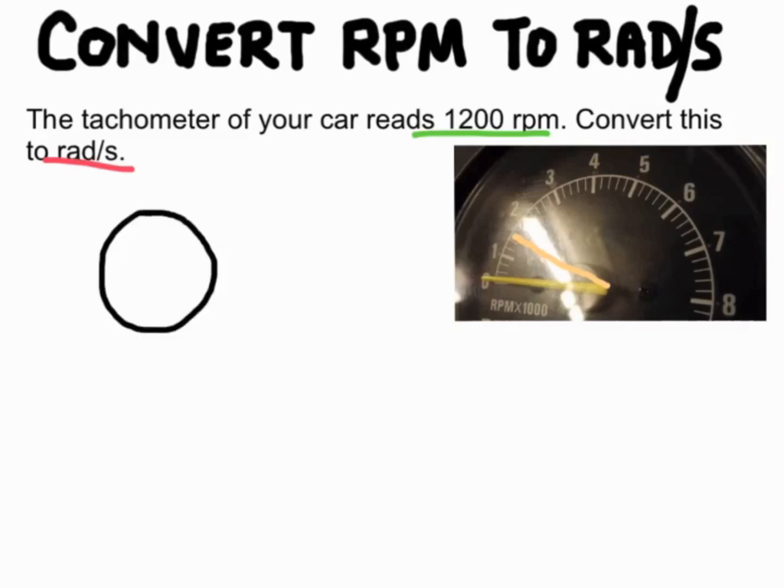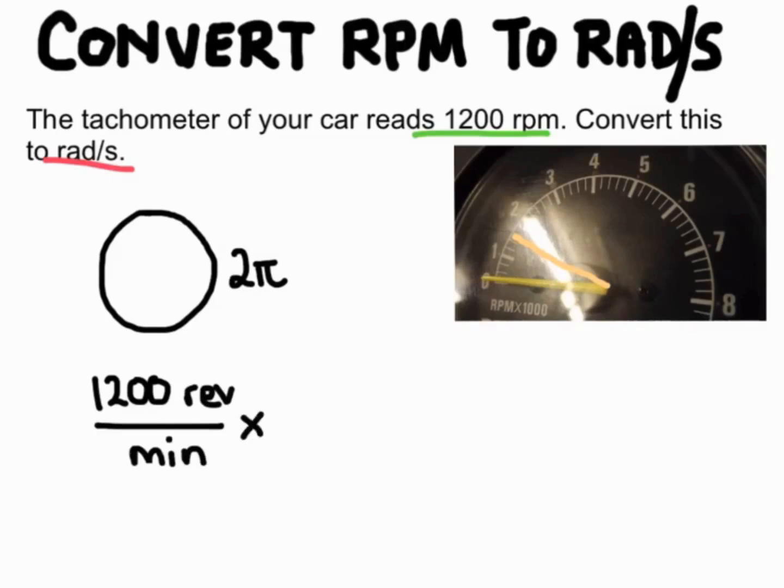And using that unit circle, one complete rotation of a circle would be equal to 2 pi radians. So that'd be one time around. And so to convert our RPM, I'd have 1200 revolutions per minute, and I'm going to convert the minutes into seconds. For every 1 minute, there are going to be 60 seconds, and so the minutes will cancel because they're on opposite sides of the fraction there.